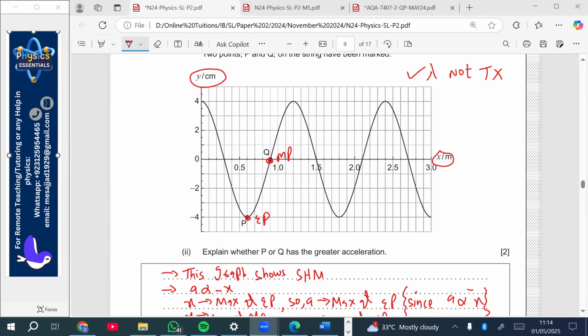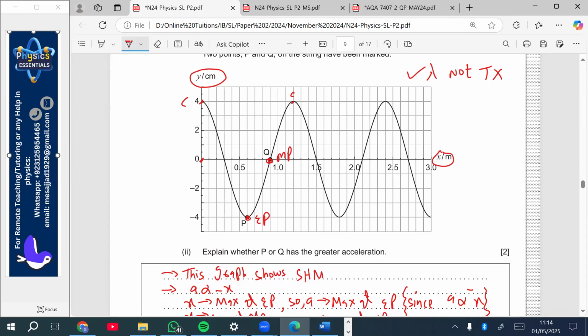So this is your centimeter. So 4 centimeter, and it is starting from zero, like a crest, and another crest is coming up at around 1.25, I believe, right? Yeah.